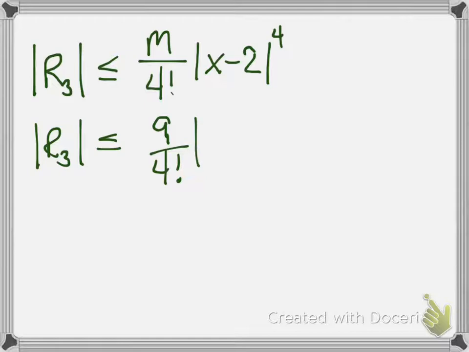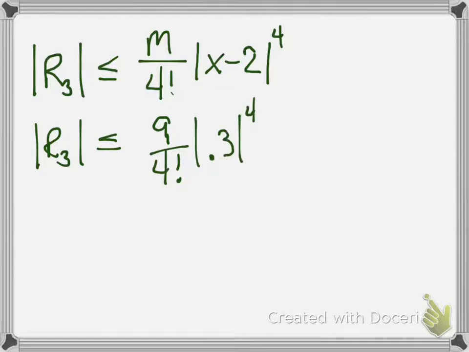times, well, what am I going to put in for x? Again, we're on the interval from 2 to 2.3, and we're using the value of 2.3. In other words, how far away from the center we're going to be. The center is 2, we're going to be at 2.3, so we plug in 2.3 for x, or note that we're going to be 0.3 units away from the center.